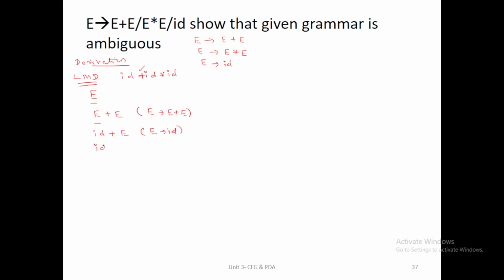The first two symbols are terminal symbols, so you leave them. You can replace the next E, and this E should derive id star id.